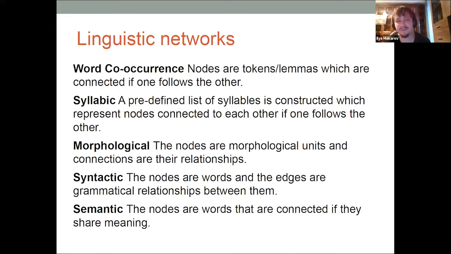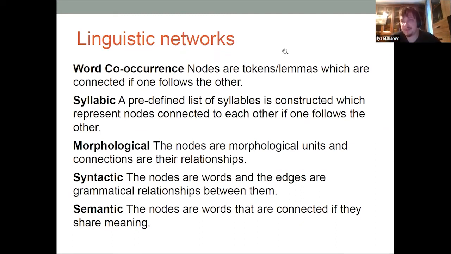Also, you have syllabic networks, constructed similarly to word co-occurrence but with a predefined list of syllables as nodes. Morphological networks, whose nodes are morphological units and whose connections are their relations. We also have syntactic networks, in which the nodes are words and the edges are grammatical relations between them. And semantic networks, where the nodes are words connected if they share some meaning.